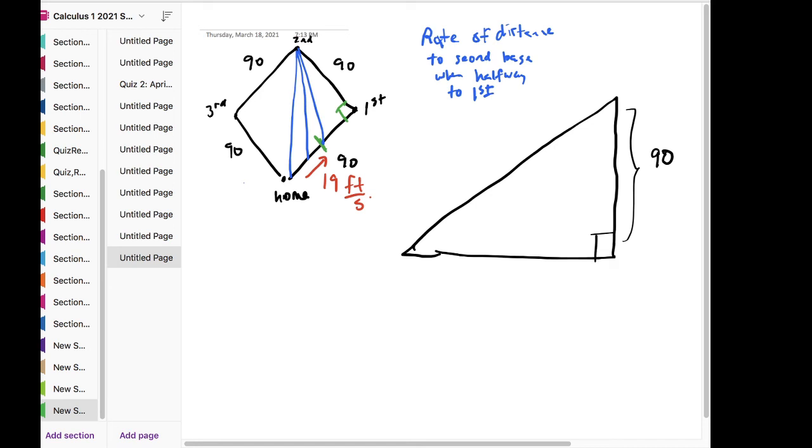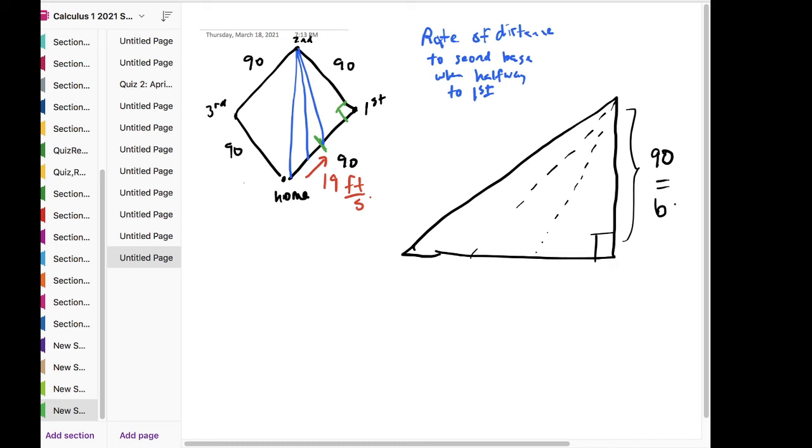So we need to find a formula for the hypotenuse. What formula do we have for the hypotenuse of a right triangle? Pythagorean theorem.